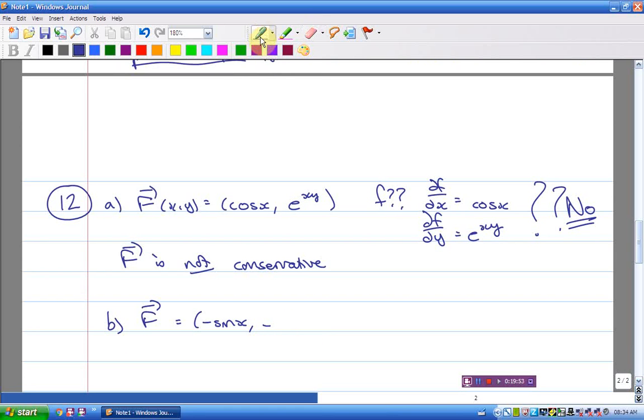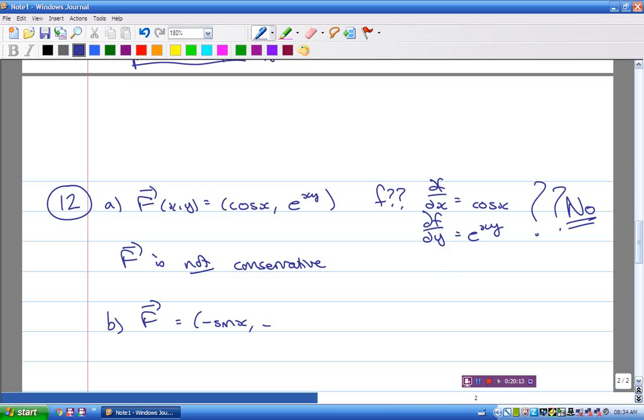I know that there is no such little f. So it's not that little f doesn't have an e to the xy. It's just that there is no little f. Because you can work backwards, you can say the y derivative has e to the xy.